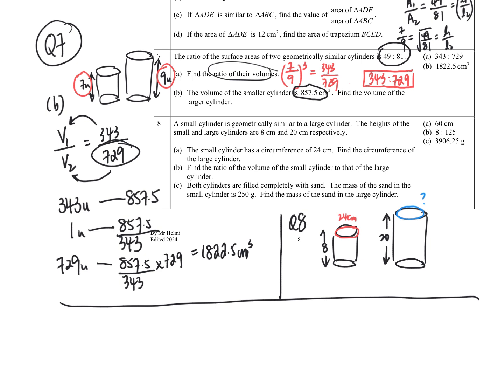So the ratio of the length must be equal. So if this is 8:20, this must be 8:20 as well. So what we do is 8 out of 20 must be 24 out of, let's call this x. So you just solve as per normal.